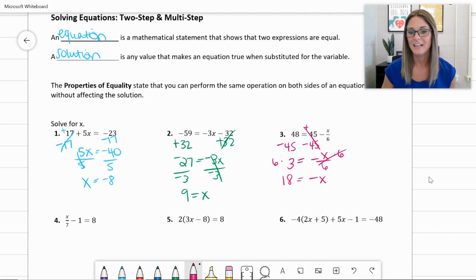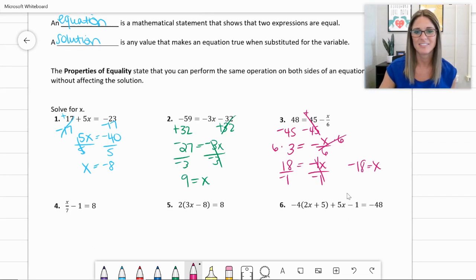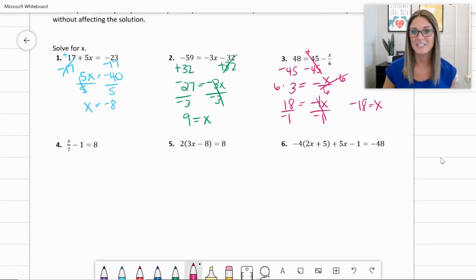So you can identify that as a negative 1 and divide both sides by negative 1, which will give us negative 18 equals x. A lot going on in that problem. That's a real tricky one to really see if you know your rules of equality and how to solve an equation. So I put that one on there for a reason.